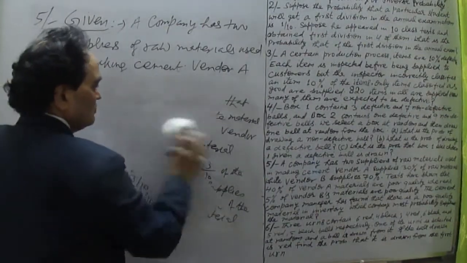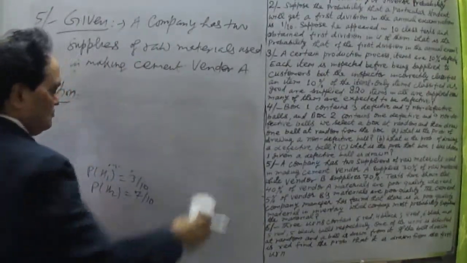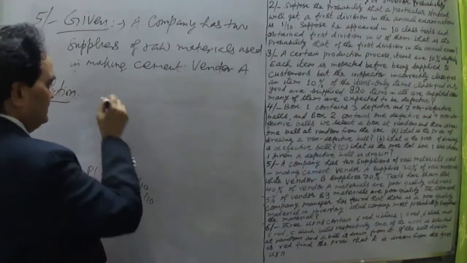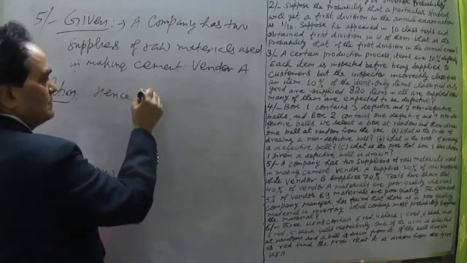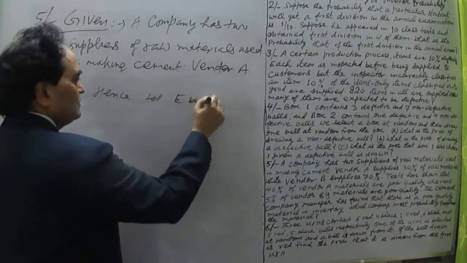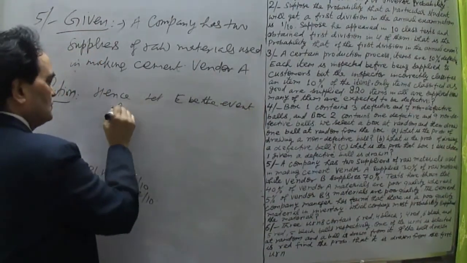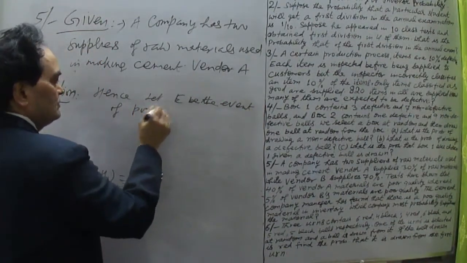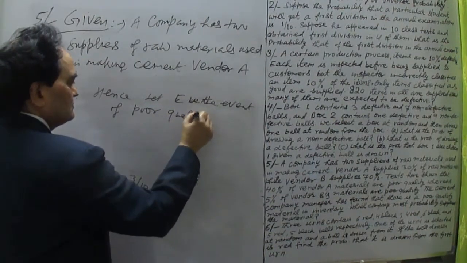So now the probability of poor quality, probability of E by H1. Hence, let E be the event of poor quality material supplied.